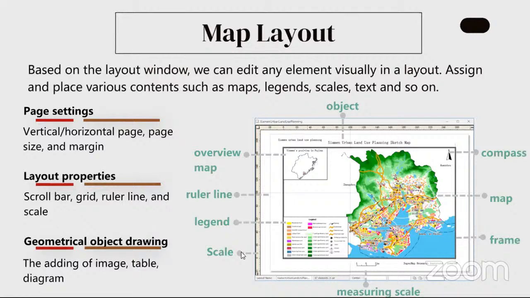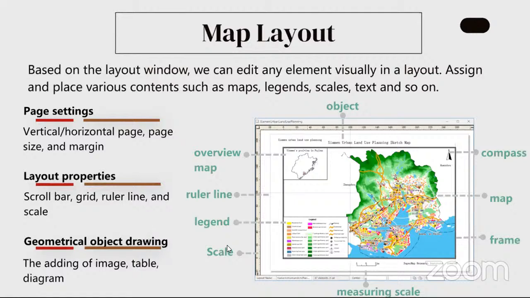In layout, when you click the layout tab, you can set the page, either you want your map to be vertical or horizontal, and you can also set the margin size of the layout and the page size.